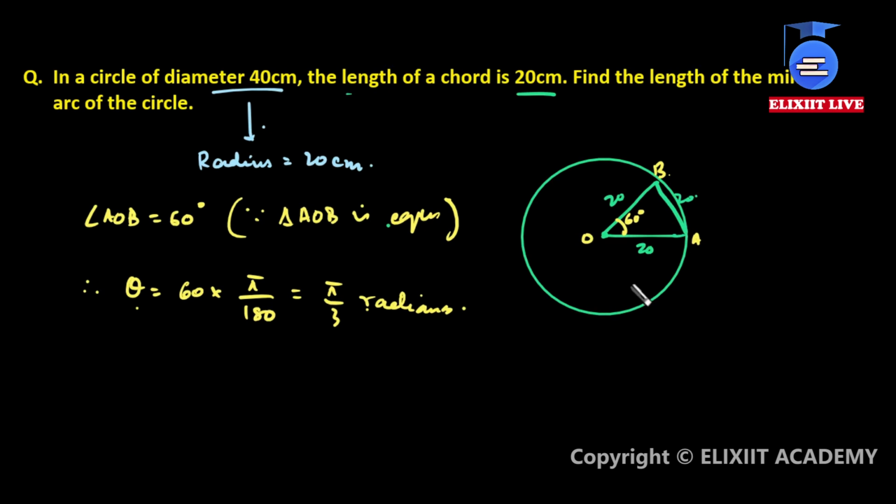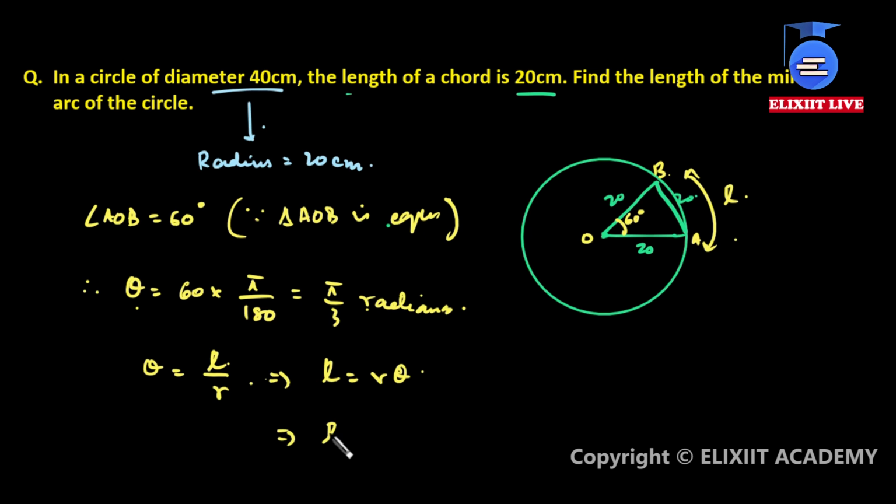So next, we have got theta and we have got the radius. Now find out the arc length. Minor arc length they have asked to find out. Use the formula: theta is L by R. L is what they are asking for, so L is R times theta.